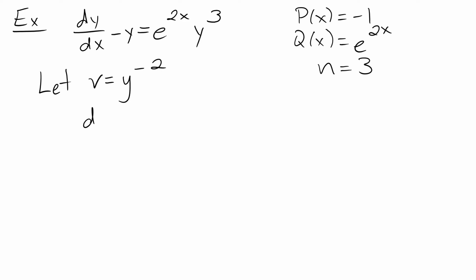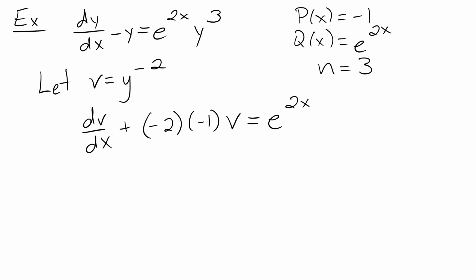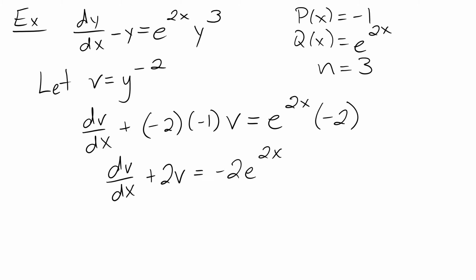Step 5 was to write dv over dx plus (1 minus n), which is -2, times p of x times v equals q of x times (1 minus n). I keep forgetting to do that first, so times -2. Let's clean this up. dv over dx plus 2v equals -2 e to the 2x.